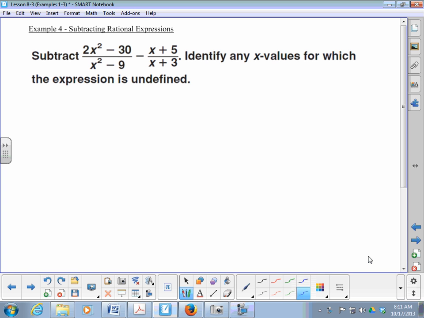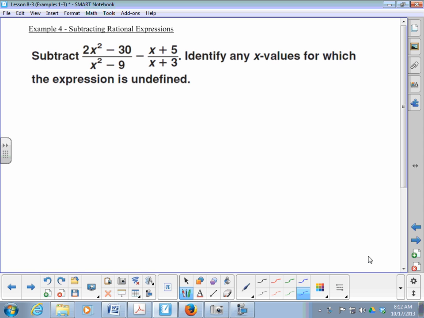Okay, so subtracting rational expressions is just like adding them, except we have that minus sign. And sometimes that minus sign can cause us a lot of grief. And so when I do this example for you, I'm going to write everything necessary to do it, okay?